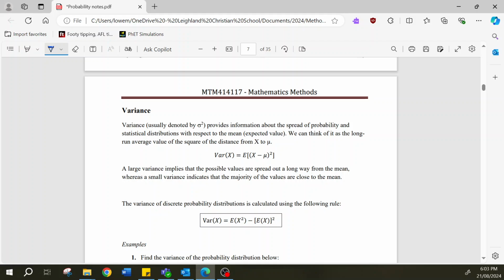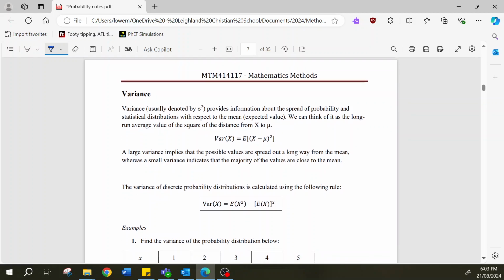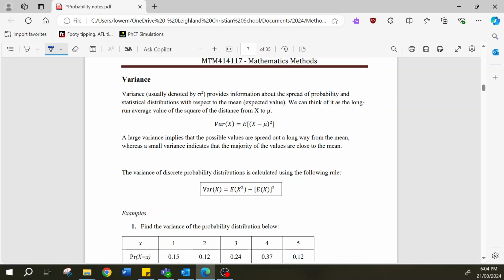So the variance we can think of as the long run average of the square of the distance from x, our particular value, to the mean. A large variance basically implies that the possible values are spread out a long way from the mean. A small variance indicates that the majority of the values are close to the mean.